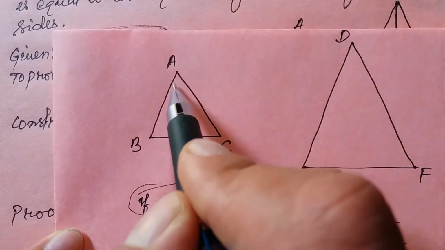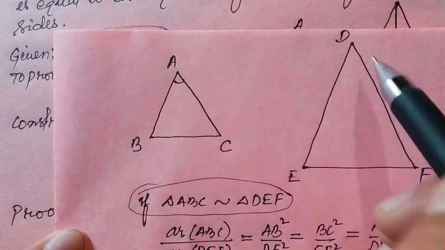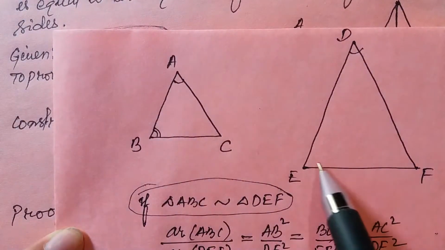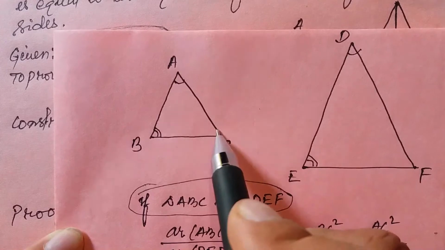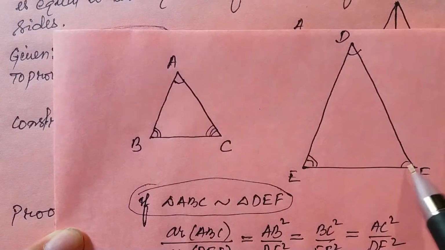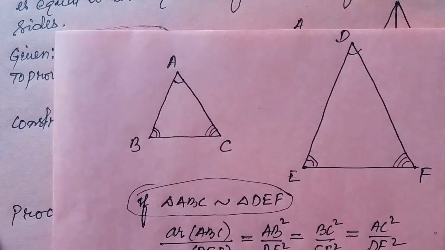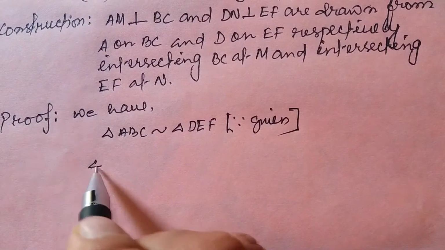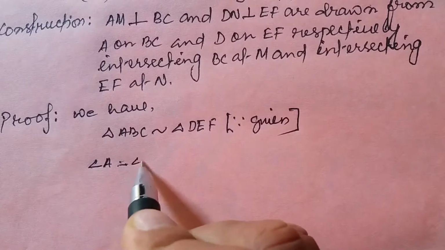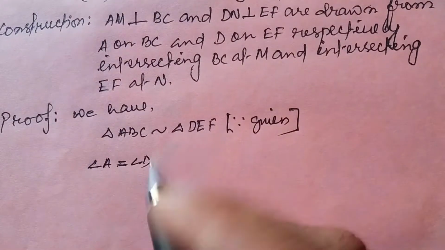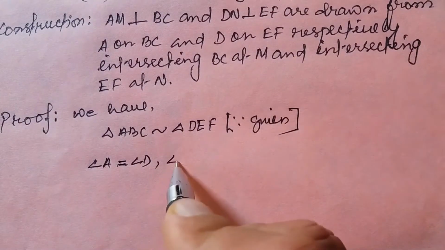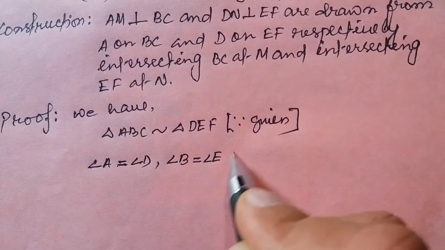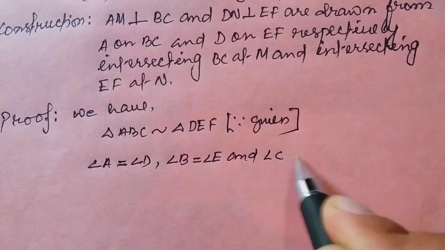The first one is the corresponding angles are equal. So angle A and angle D are equal, angle B and angle E are equal, and angle C and angle F are equal. So here angle A is equal to angle D, angle B is equal to angle E, and angle C is equal to angle F.